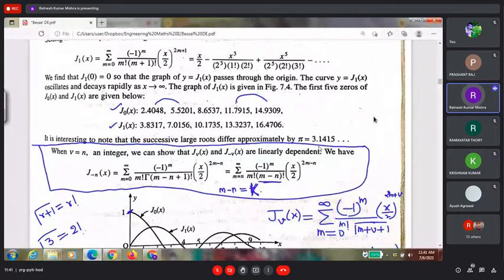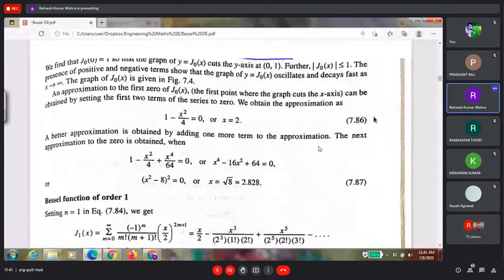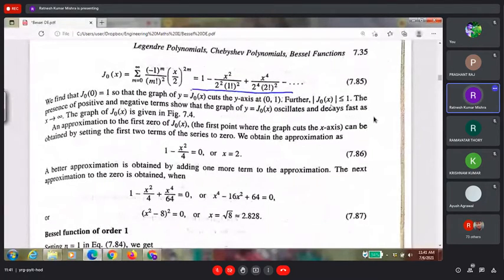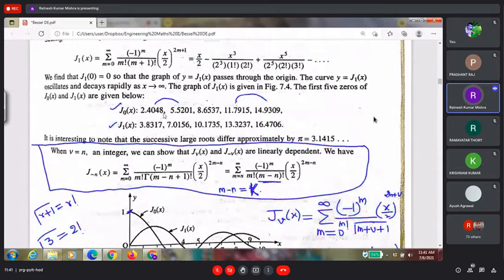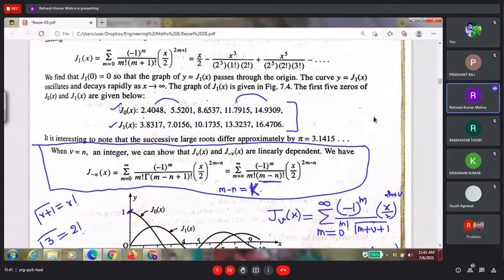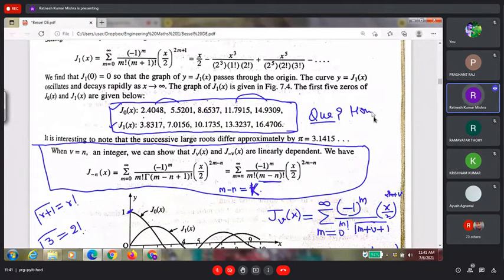So my one question is, if J0 varies from -1 to +1, how can you find this is 2.58? So this is the question. Think about it and ask in the next class. How will we get it?